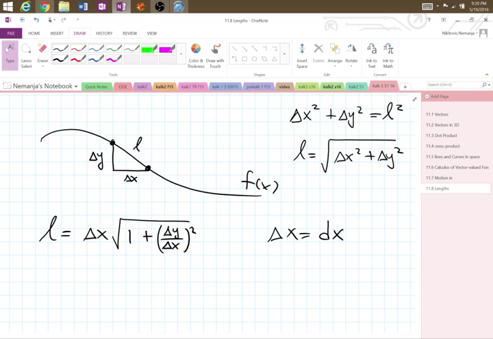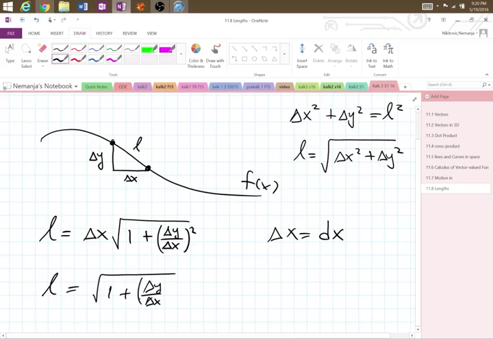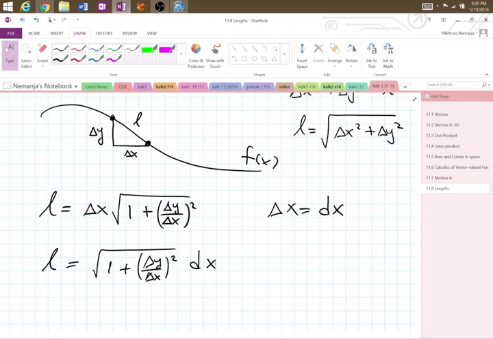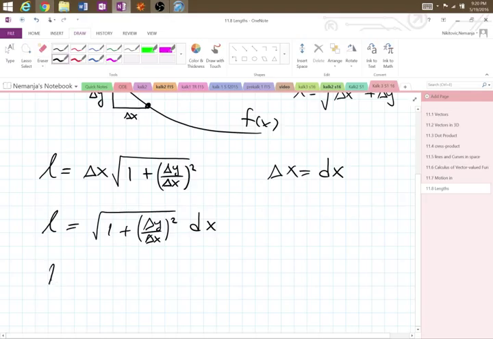So technically, what do I have? I have that this one length is the square root of 1 plus delta y over delta x squared, dx, and we introduce the integral, because the integral is going to say infinitely many of these very small lengths L are all adding together between a and b, forming our formula.